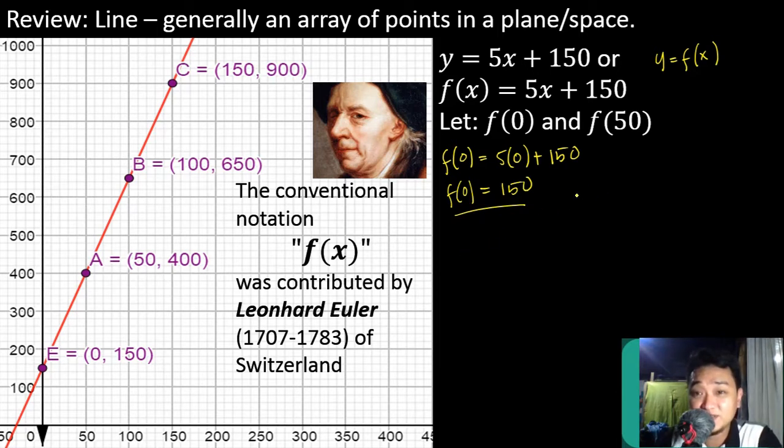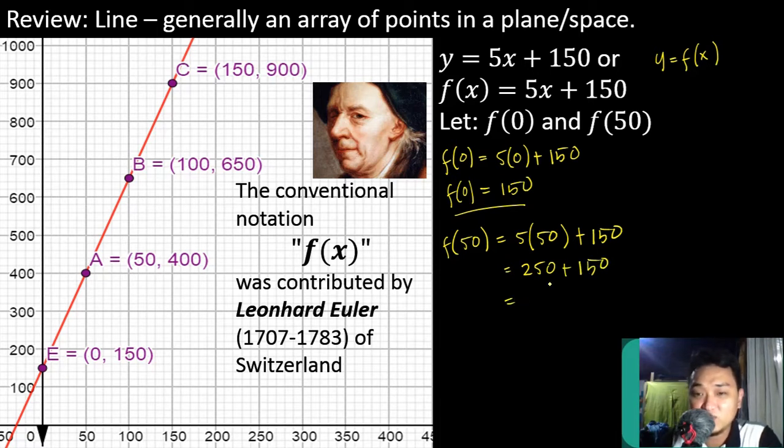Let us solve for the second value of x. If you have f of 50, so that is the same as 5 times 50 plus 150. 5 times 5 is 25, isang 0 to 50. That is 250 plus 150.